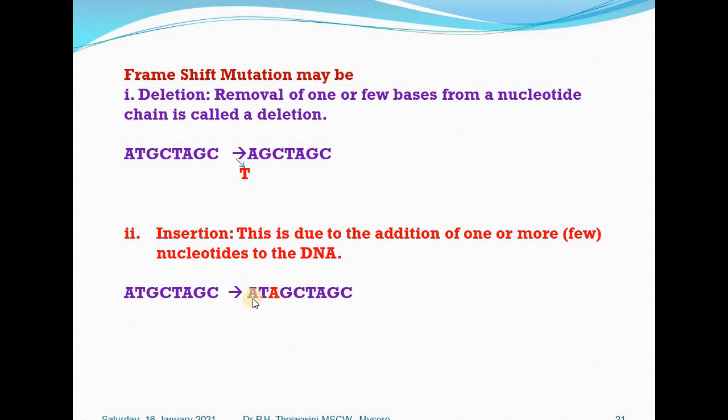Now it becomes A, T, A, G, C, T, A, G, C. So now again the reading frame is going to be altered. In this way, by the deletion or the insertion of any nucleotide, we can bring about the frame shift mutation.